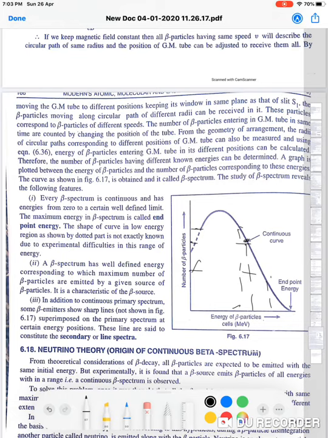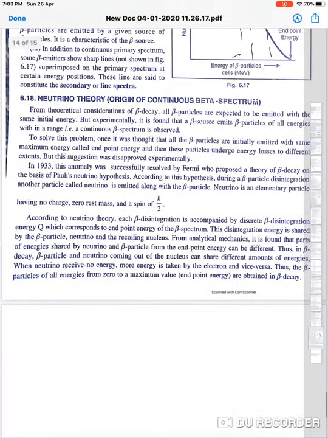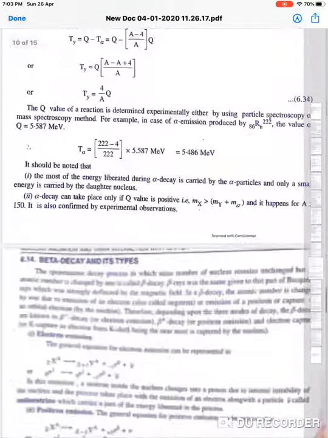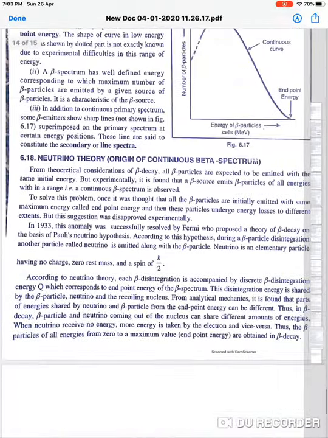He explained neutrinos and antineutrinos in the processes: with beta negative decay you will have an antineutrino, and with beta positive decay you will have a neutrino. That was the origination of the neutrino hypothesis. Because of this graph you can understand the need for the neutrino hypothesis.